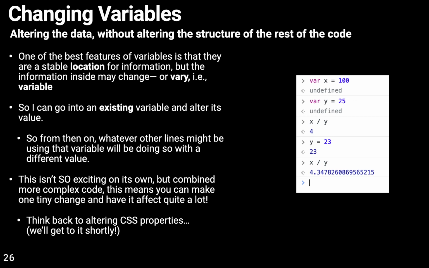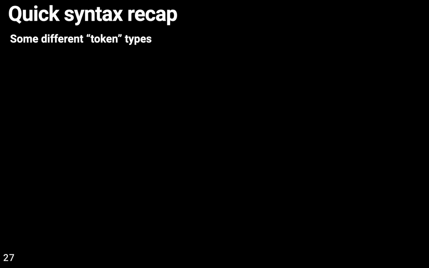That, I hope, demonstrates the idea that changing a variable is super useful, right? Having the capacity to switch little bits of the data around without changing how that data is used. Chef's kiss.